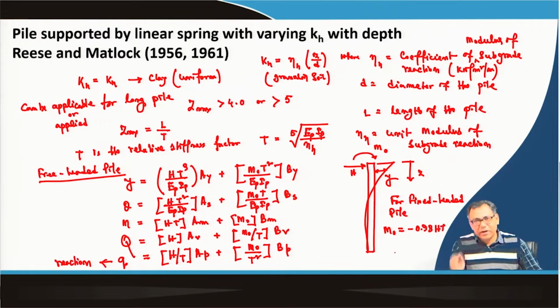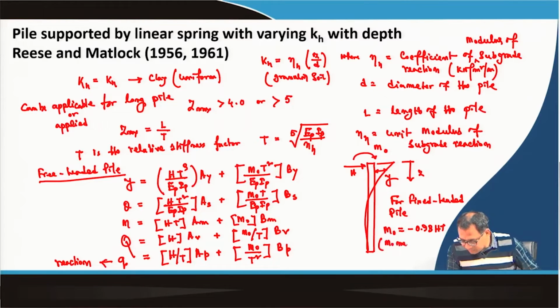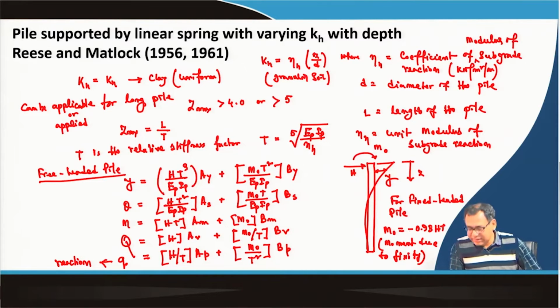So this is the moment due to fixity. That means for a fixed headed pile, a moment will be generated due to the fixity, which is minus 0.93 H t, where H is the horizontal load which is acting.